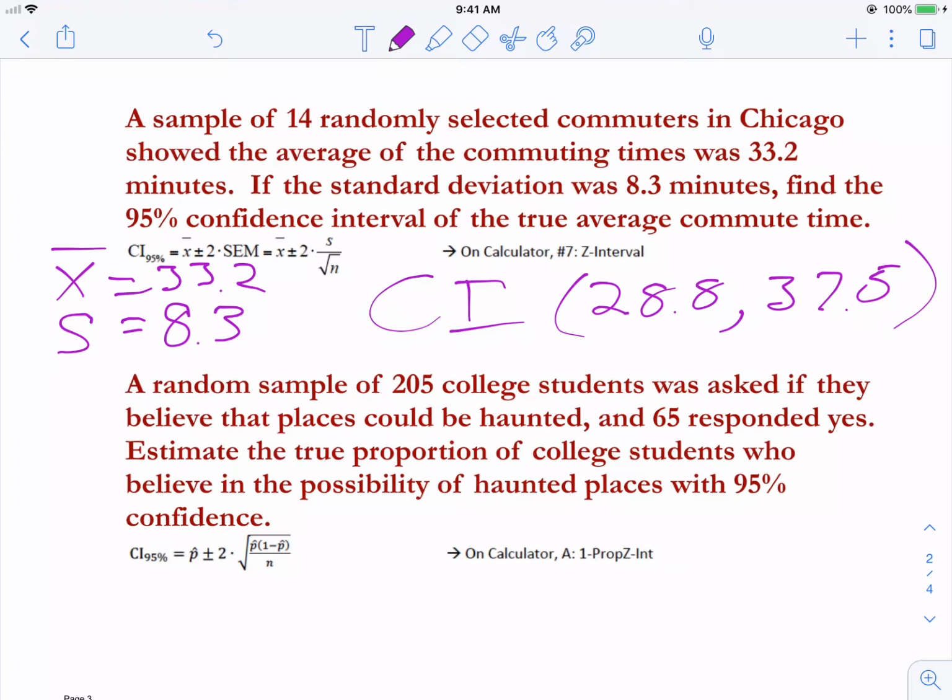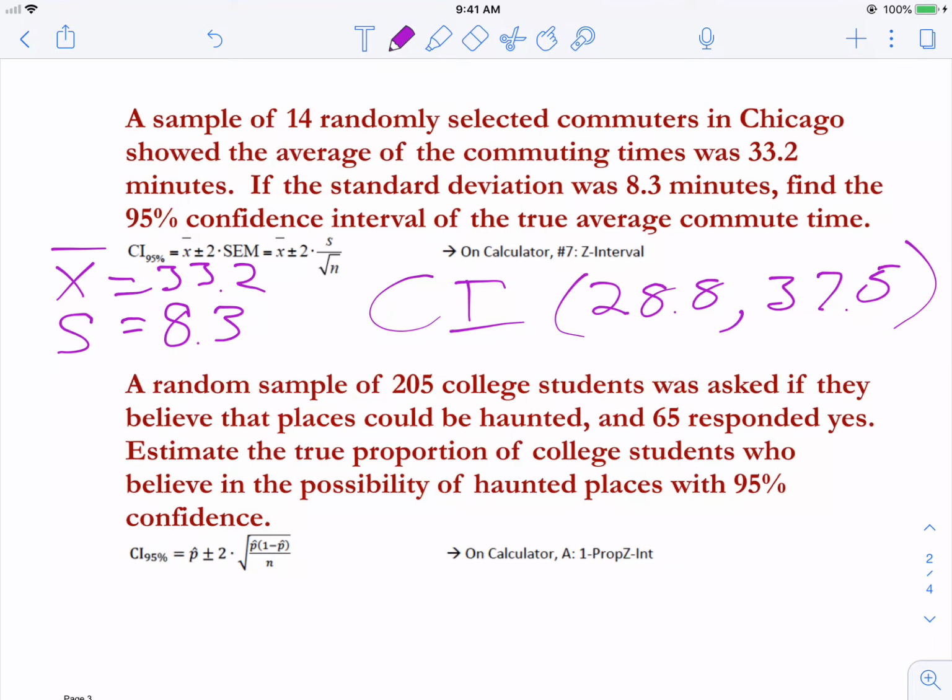A random sample of 205 college students was asked if they believe in haunted places, and 65 of those respondents said yes. Estimate the true proportion of college students who believe in the possibility of haunted places with a 95% confidence interval. So we're talking about a proportion here. There's no mention of mean, there's no mention of standard deviation.